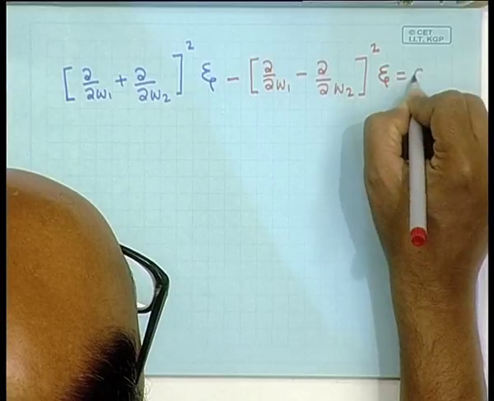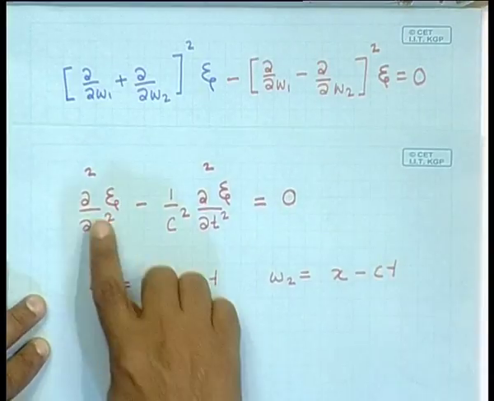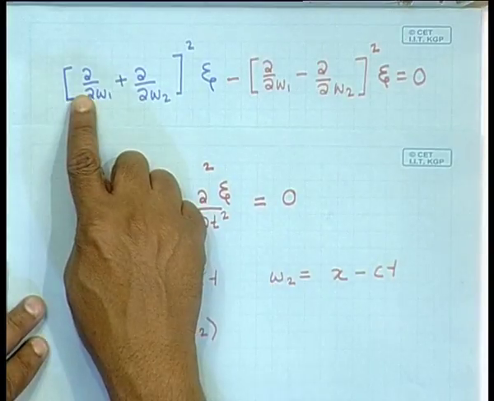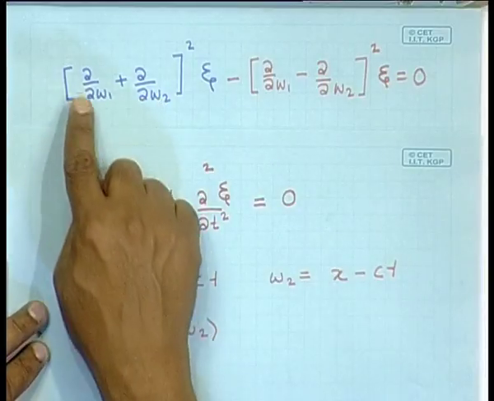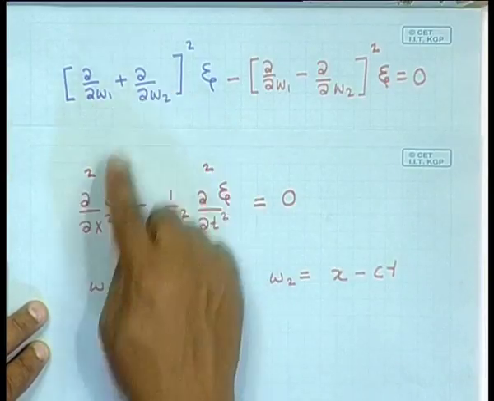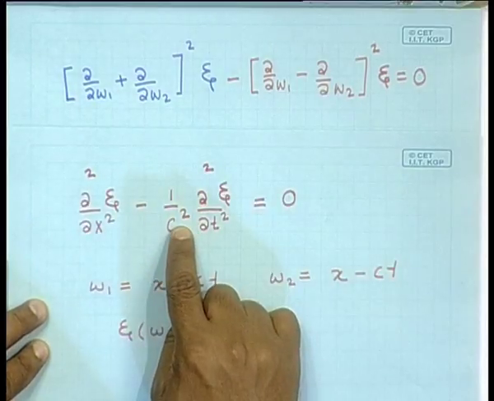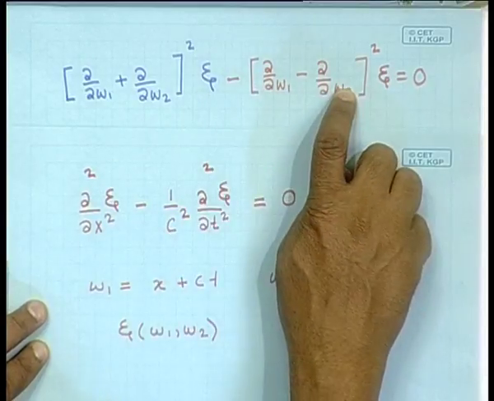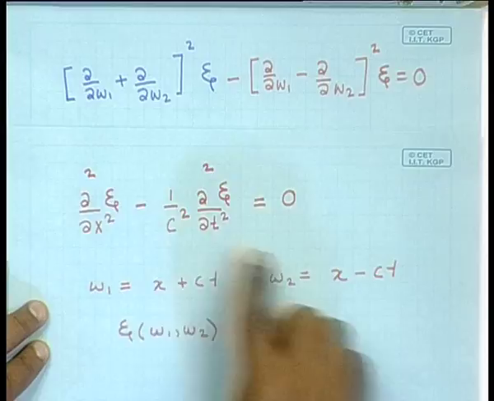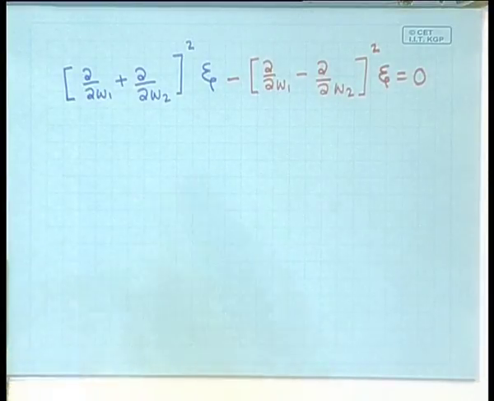This is equal to 0. This is the same wave equation. So what we have done is we have written this wave equation in terms of derivatives with respect to w1 and w2. This is the derivative with respect to x, which has been written like this. This is the second derivative with respect to t divided by c square, which I have written in this fashion. So the same wave equation is now this equation over here in terms of w1 and w2.